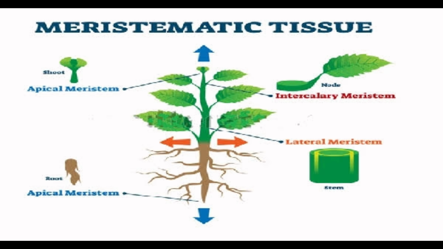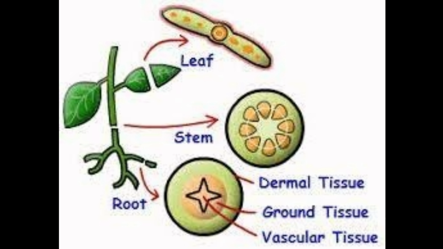Okay, the next one is epithelial tissue. This is very important and interesting. What you are seeing in this picture is epithelial tissue, in the form of the outermost layer. This tissue forms the outer covering of every part, for example root, stem, leaf, flower, fruits and seed.